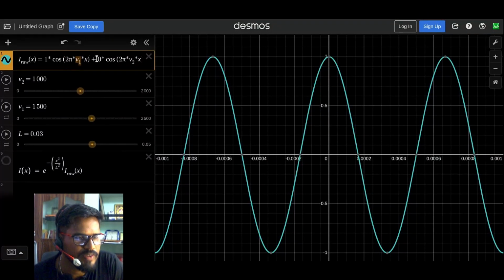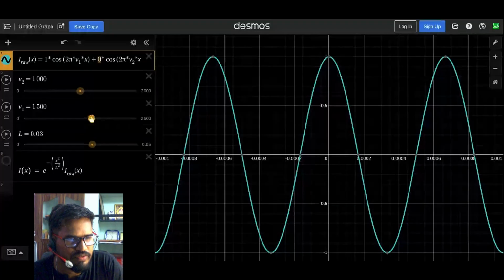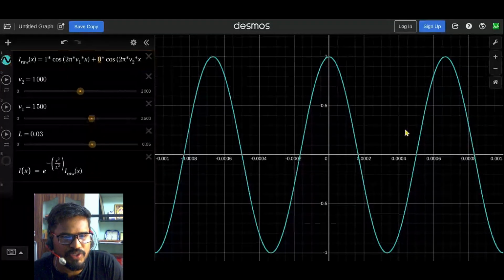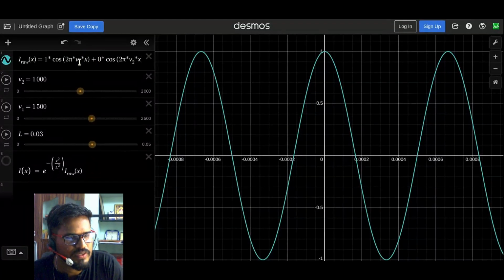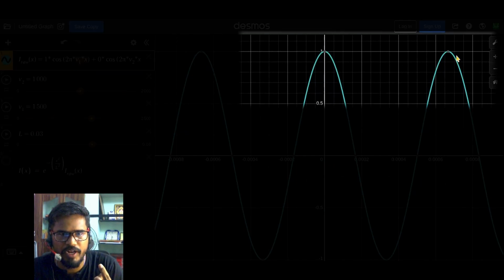Notice I have just plotted one cosine, with a wave number of 1500. I have made this coefficient 0, so there are two cosines there, but I have only plotted one. So this is 1500. Again, there was a question: what do you mean by this? Notice in this case, when nu 1 into x is 1, you started at 1, you will head back to 1.